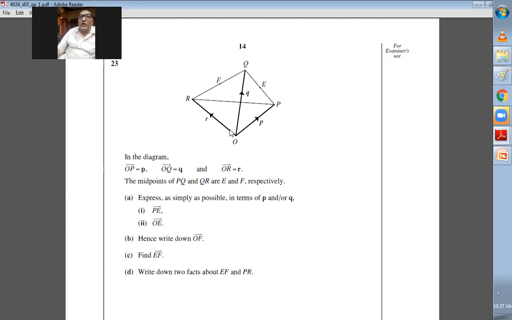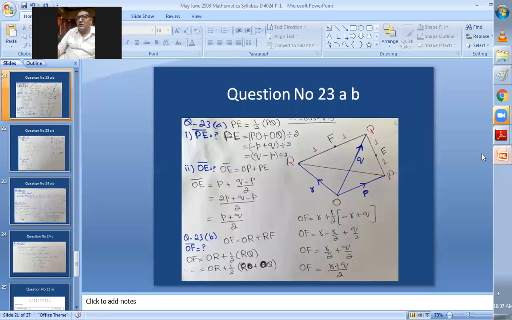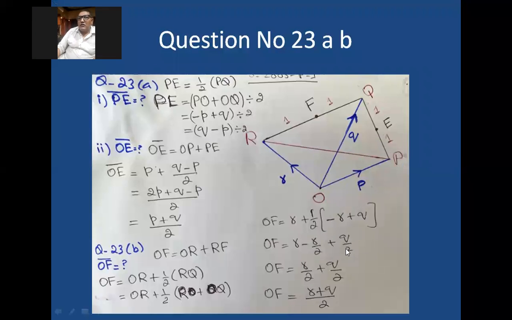I want O to F. From O to F, I will go from O to R, and from R to F. So that will be my bypass, from O to R, plus RF, which will be half of RQ.